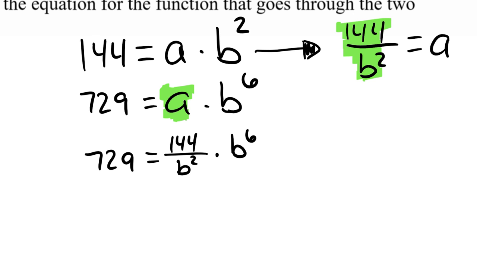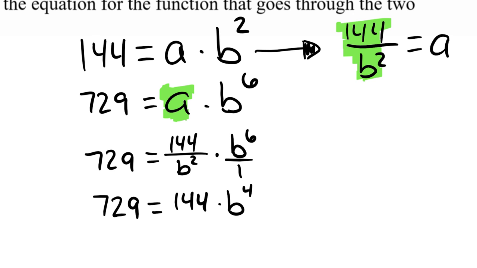For clarity, I'm going to write b to the sixth power over 1, so I can see it as a fraction times a fraction. And when I do that, I see there's clearly a giant 1 here, right? Both the numerator and denominator have two factors of b that I can pair up and eliminate. In fact, this would become 729 equals 144 times b to the fourth power.